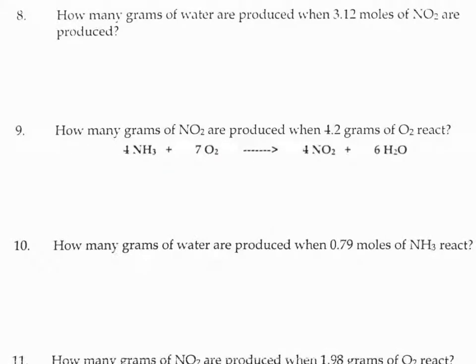Now here we're going to look at problem number 9. Now 9 is a little bit different because instead of going from either moles to grams or grams to moles, we're going to be going from grams to grams. So this is going to require one extra step from before. Now I copy and pasted our reaction just under the problem so we can easily reference it here. And first thing, just like in every single problem, we're just going to start out by writing what we know.